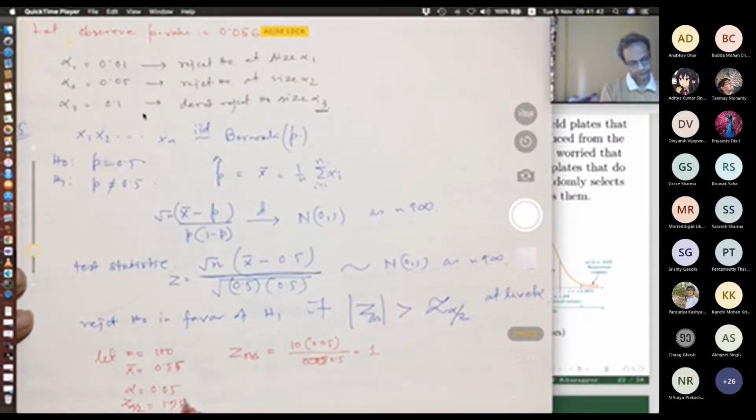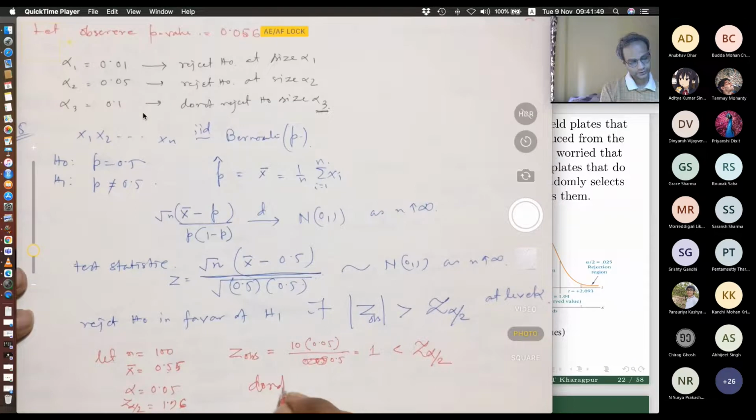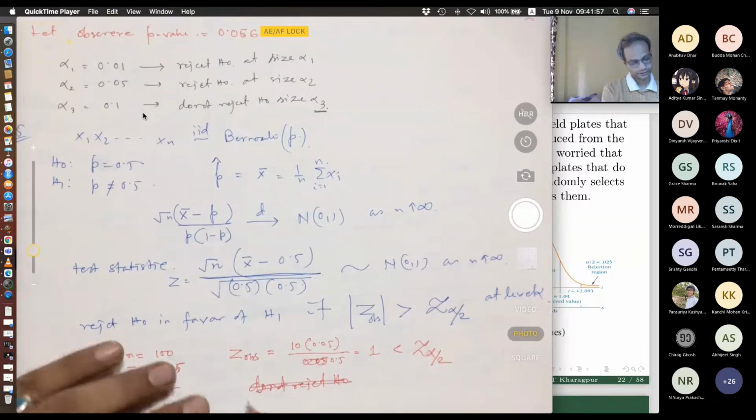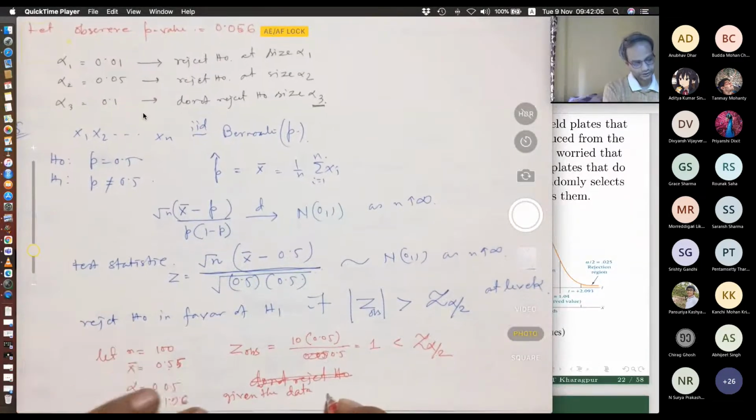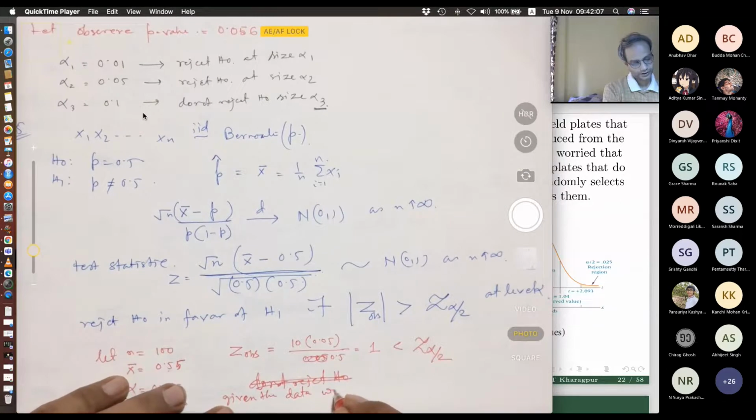Okay, now. So this is less than z alpha by 2. Do not reject h naught. Or again, given the data, we assume n to be reaching infinity. Yes, n is given 100.